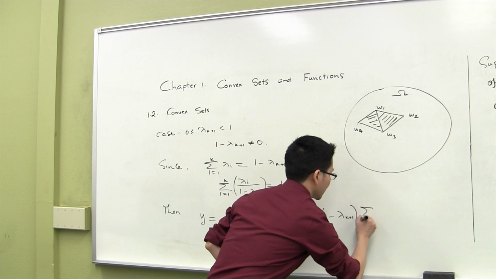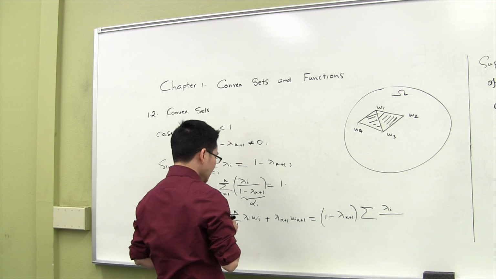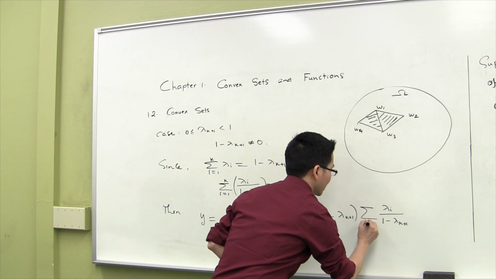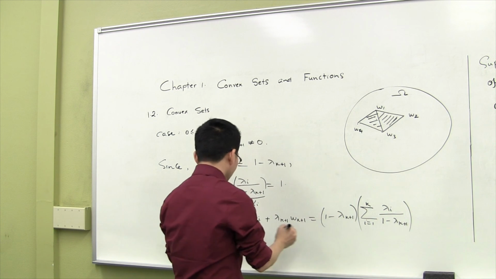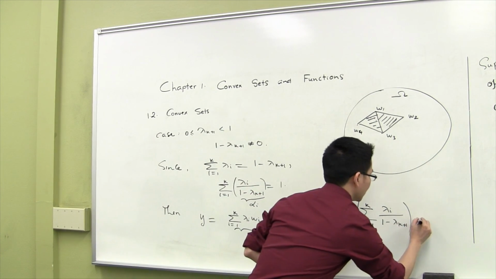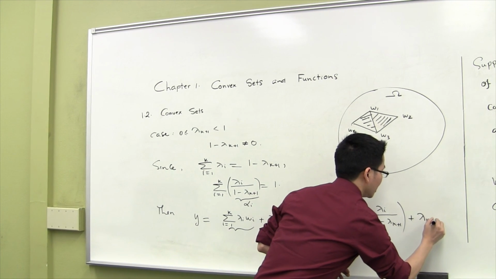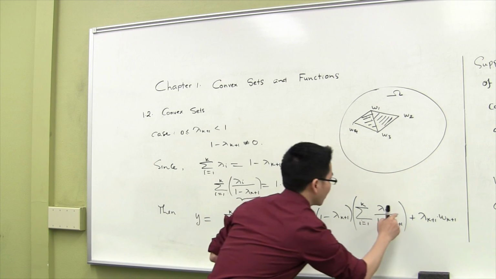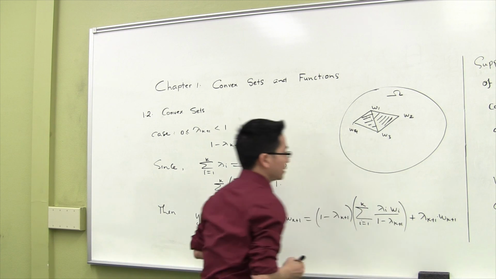So this is just the sum of lambda i over 1 minus lambda k plus 1, where i runs from 1 to k. And this is the second term, which I keep the same, lambda k plus 1 times wk plus 1. And over here, I forgot wi. Here I have to multiply by wi.